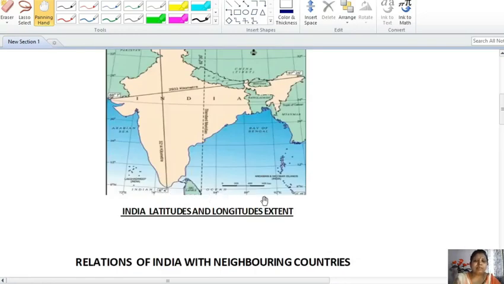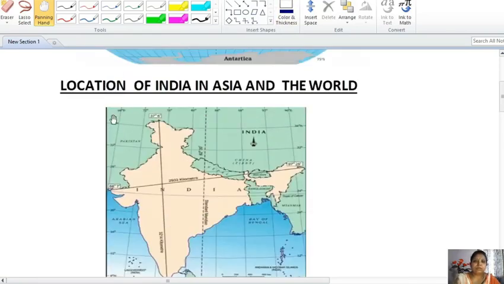So our important latitudes extend from 8 degree 4 minutes to 37 degree 6 minutes north latitude and from 68 degree 7 minutes to 97 degree 25 minutes east longitude. This is the location of India.